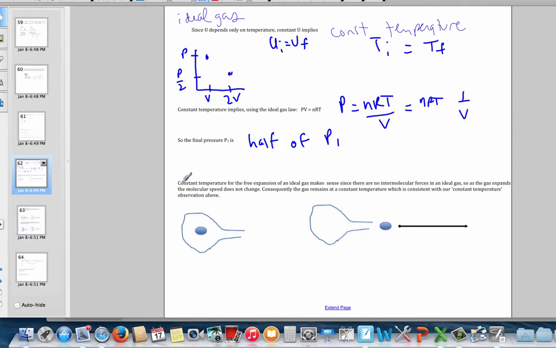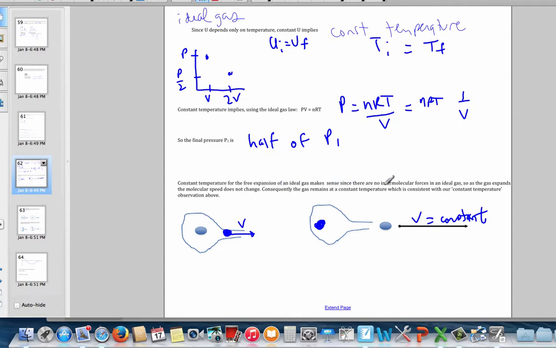Now, unchanging temperature for the free expansion of an ideal gas makes a lot of sense, because if we look at, say, one molecule about to leave this side of the container, as it moves away from this other molecule, because they don't interact with each other in any way, the speed will stay constant. It's not going to change, because in an ideal gas we have non-interacting particles. So with constant speed, you have constant kinetic energy, constant internal energy, and constant temperature.